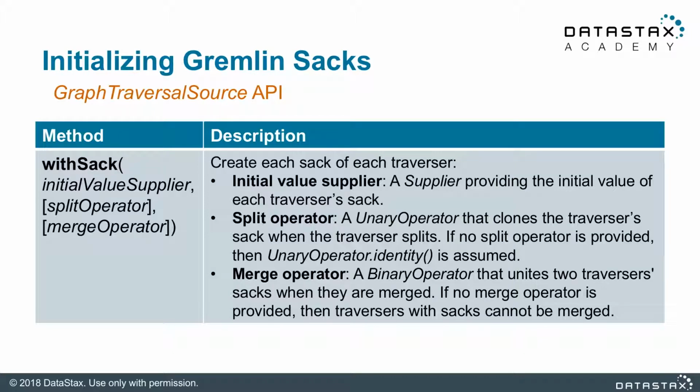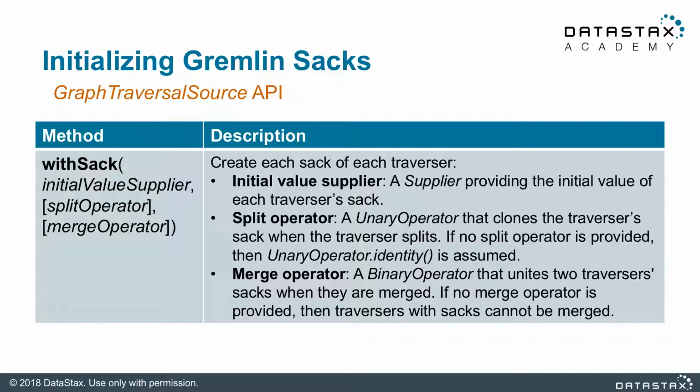The withSack step enables sacks in your graph. It is the way that you can create a sack for each Gremlin traverser. There is 1 required parameter and 2 optional parameters. The first parameter, initial value supplier, is required, and it provides the initial value for each traverser's sack. Next, you can provide a split operator. The split operator is a unary operator that clones the traverser's sack when the traverser splits.